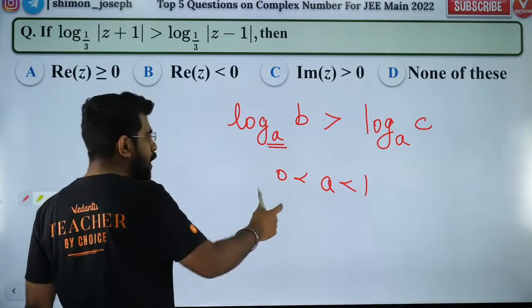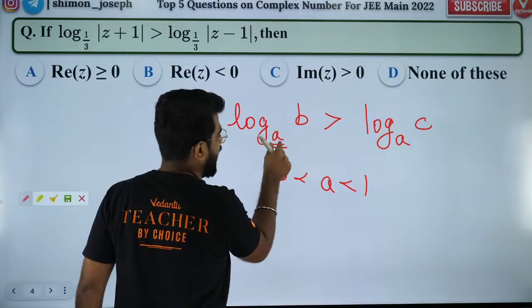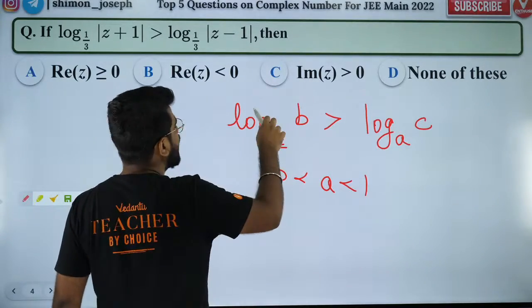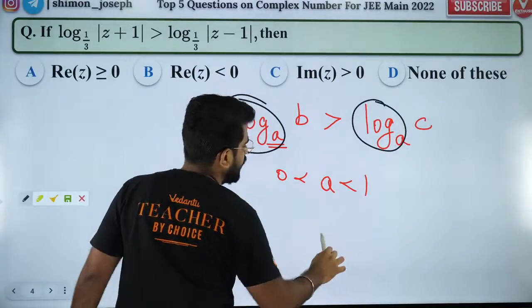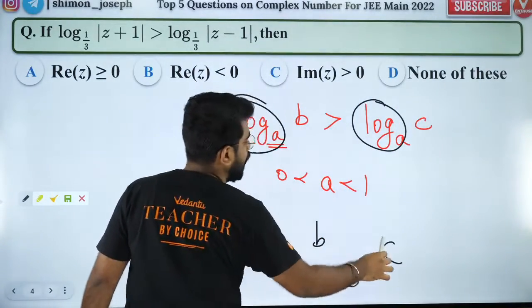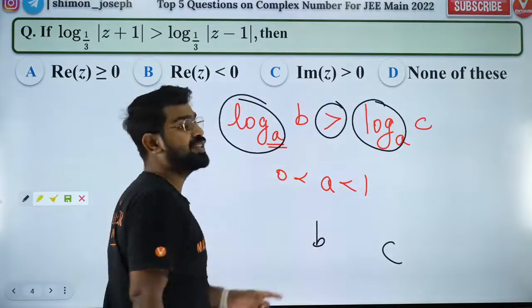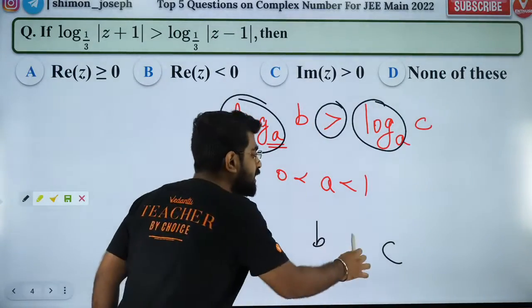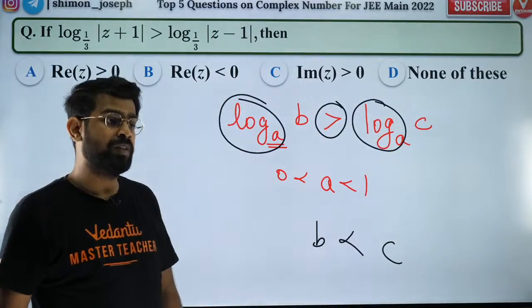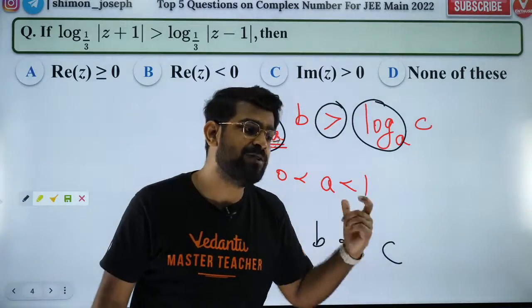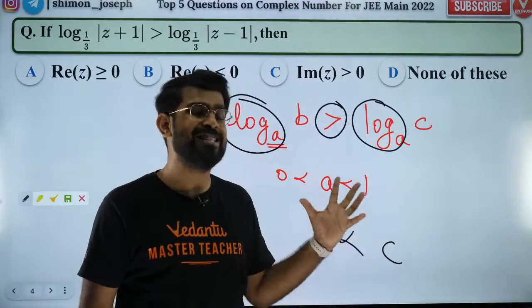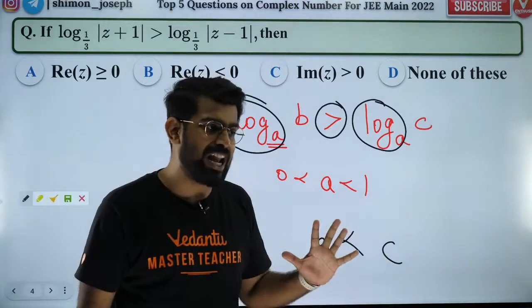Whenever the base is a fraction, if I remove log a on both sides, you will have b and c left out. What will happen to the sign of the inequality? The sign of the inequality will reverse. Isn't that right? That is something very, very important. I hope you guys have understood it. Did you all like it?